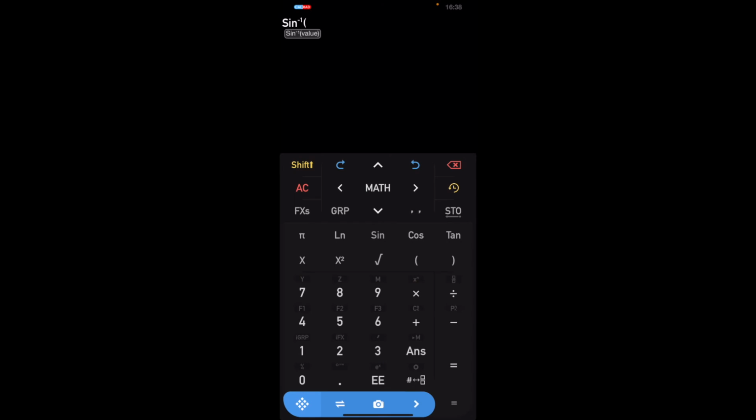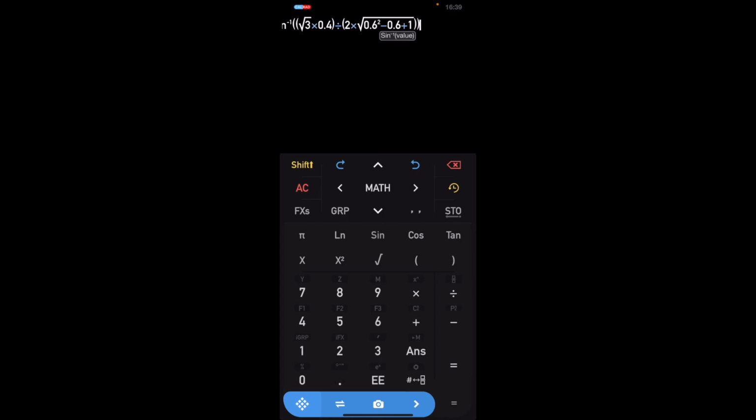So we have arc sine of 1 minus 0.6, which is 0.4, divided by the square root of 0.6 squared minus 0.6 plus 1, close our bracket, and then subtract the arc sine of root 3 times 1 minus mu, which is 0.4 again, divided by 2 times the square root of 0.6 squared minus 0.6 plus 1.